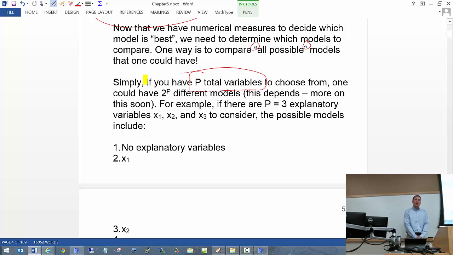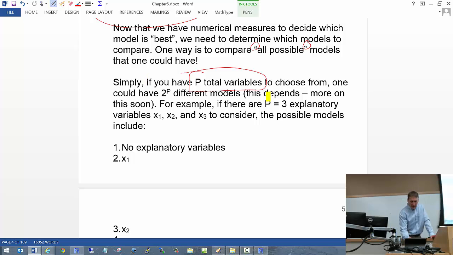That means I would have 2 to the P different possible models based upon the main effects. Obviously if I have 3 variables, 2 to the 3 is 8. But look at what happens if I had 10 variables. 2 to the 10 is 1,024 different models. And you can keep going higher and higher. The number of models you would have to investigate could be quite substantial.